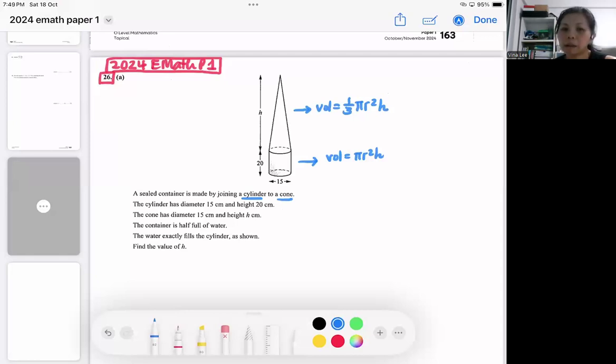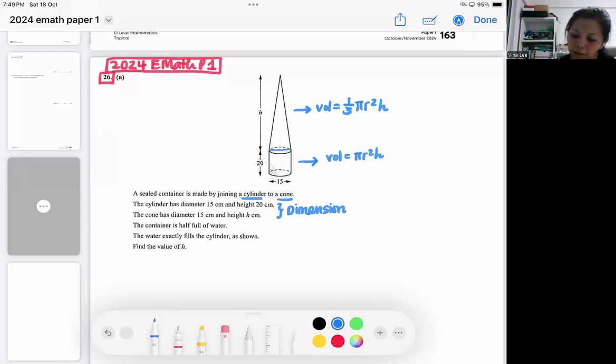Then they describe the dimensions of the cylinder and the cone. The height of the cone is not given, however, they share the same diameter.